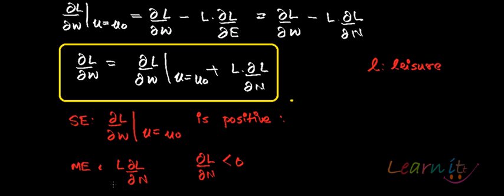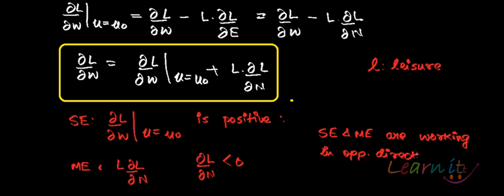This is positive and this will be negative, since L is positive and del L by del N is negative. So the substitution and income effects are working in opposite directions. What the labor supply curve will look like depends on the strength of these substitution and income effects.